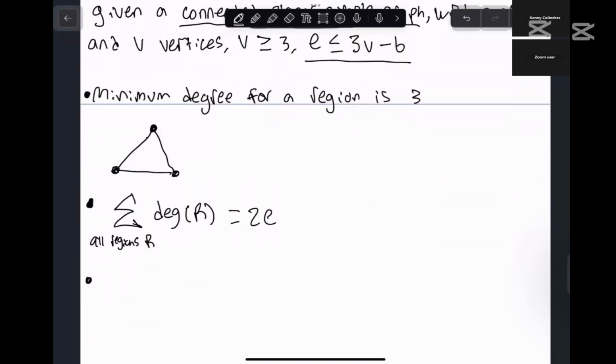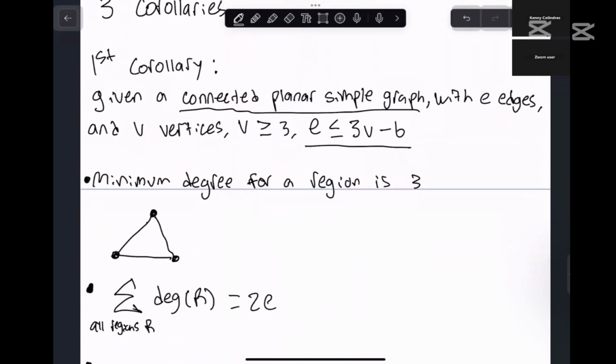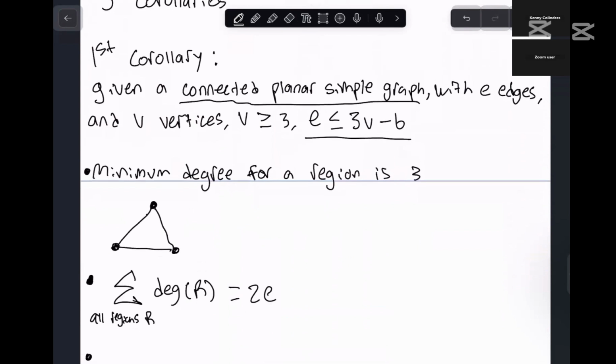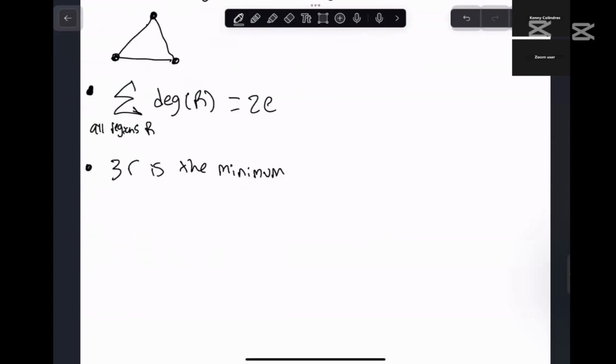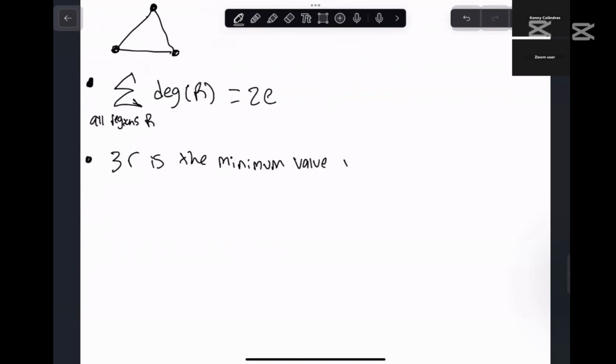So now we're going to go back to the minimum degree for a region, which we know is 3. Using that, when we're given R regions, we know that 3R is the minimum value for the sum of the degrees of all regions.